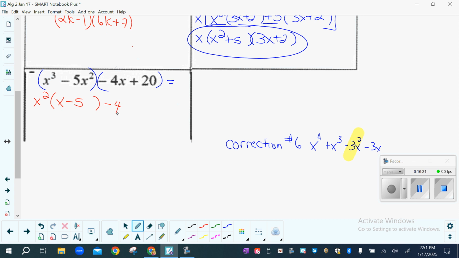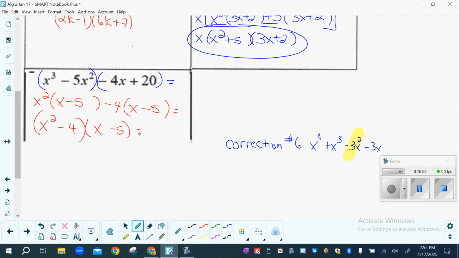So a -4, and then what's left inside the parentheses? Plus or minus? Minus. And so then we have x squared minus 4 and x minus 5.